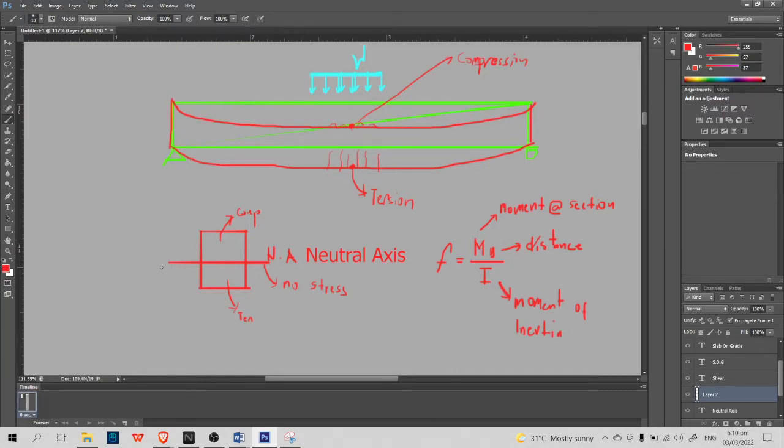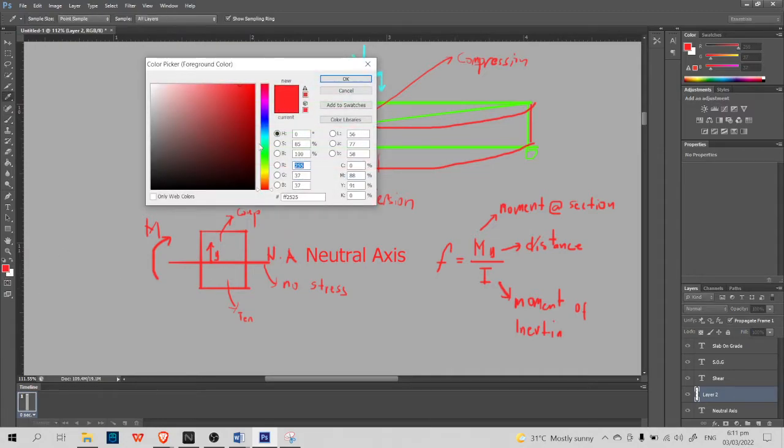So, for example, meron tayong moment na naka-apply dyan, M. Tandaan nyo pala, yung Y is determined by the neutral axis. So, kung ito yung neutral axis nyo, ito yung Y natin. But Y can be a variable.